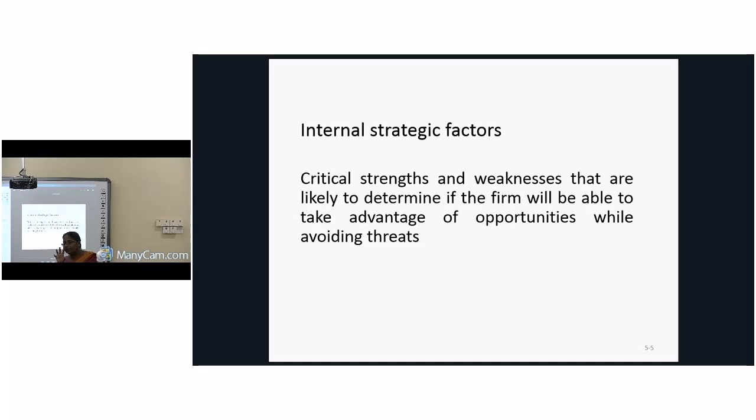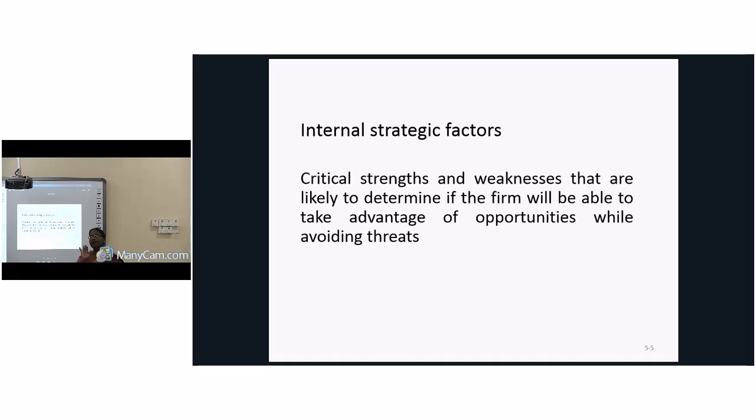If your strengths are able to grab the opportunities, we call these strengths strategic factors. While avoiding threats, your strength should also be able to avoid threats. So strength has two roles: gain the advantages of the opportunities, and also avoid the threat.